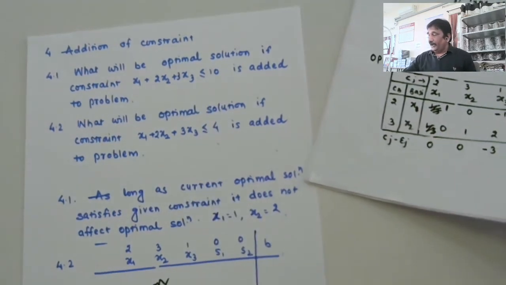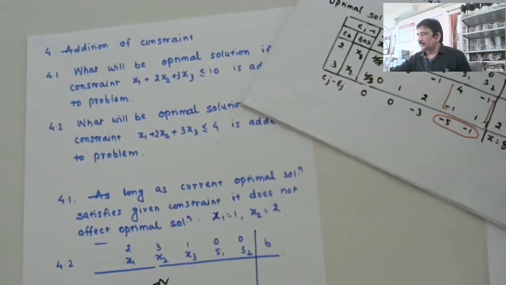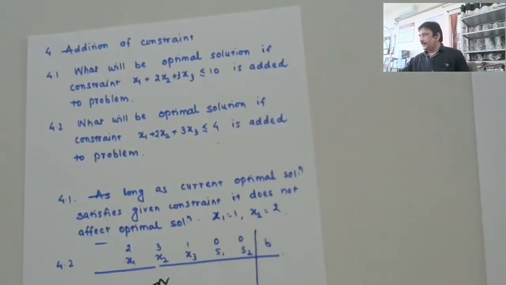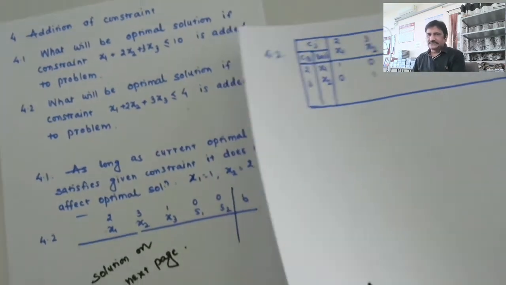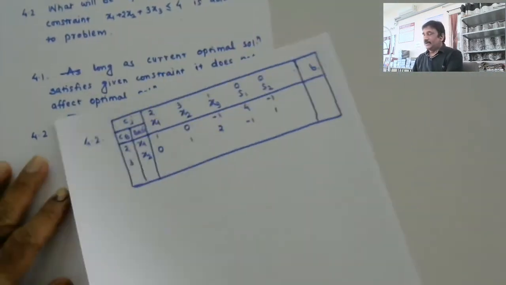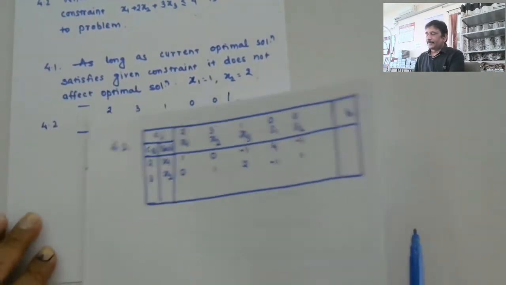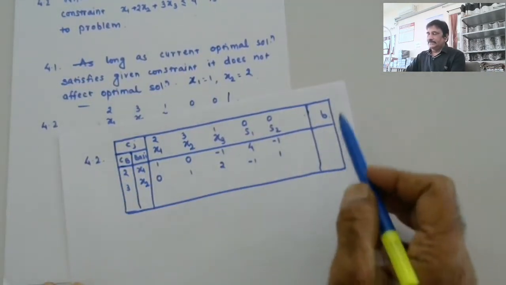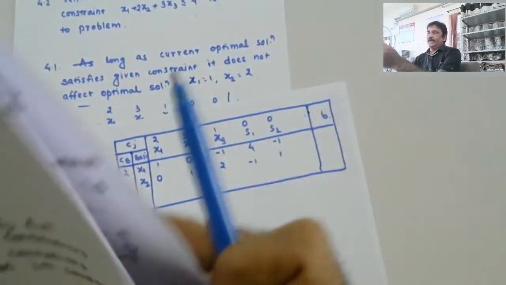So how to find the optimal solution in this case? We will write our optimal solution as it is in the table. Simply look at what I did. I have written the table of the optimal solution which I had.